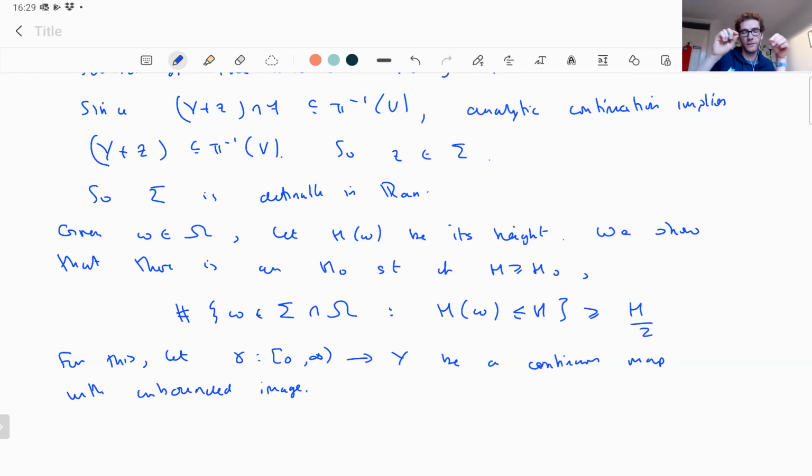Now, as that image crosses from one fundamental domain to another, the two periods associated to those fundamental domains, well, you will see what I mean. The two periods that you get the fundamental domain by translating from our original fundamental domain by a period.